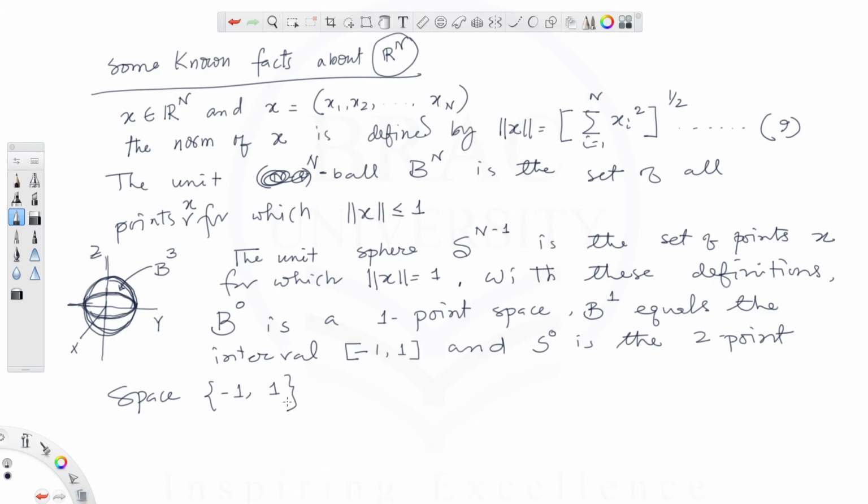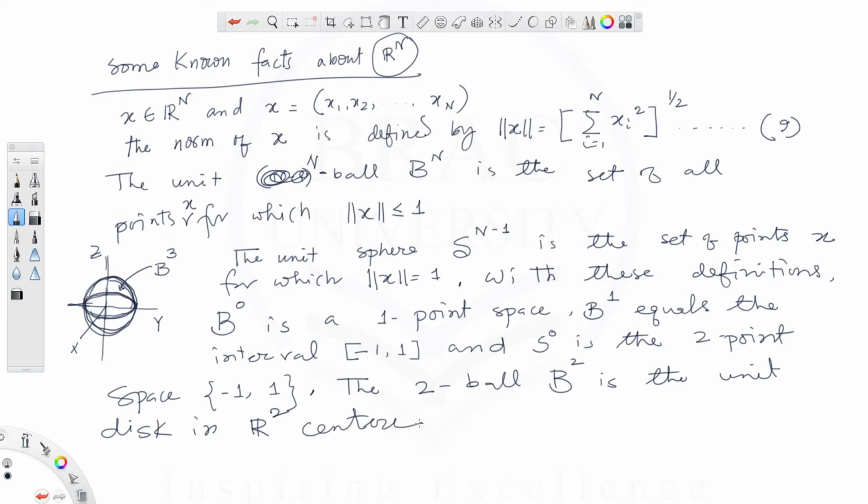The two ball B2 is the unit disk in R2, centered at the origin. If you want to picture it, it looks like this.